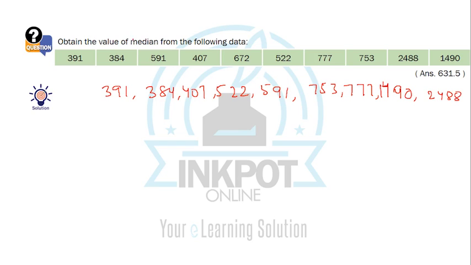If you count, the number of observations are 2, 4, 6, 8 and 10, so my number of observations is 10. This is the case of my even data.